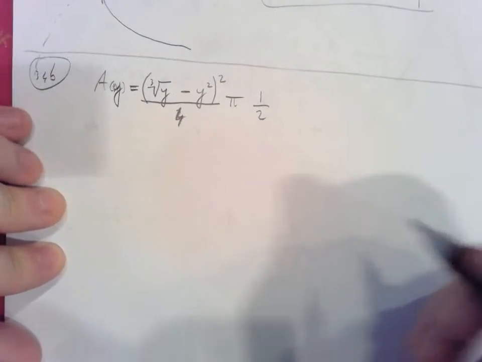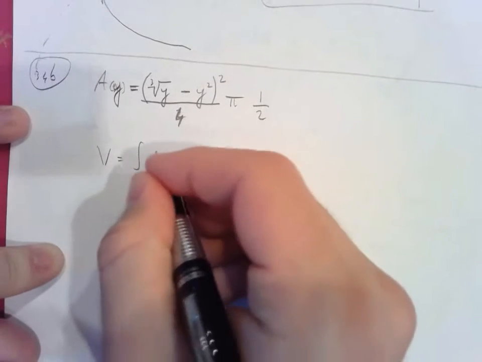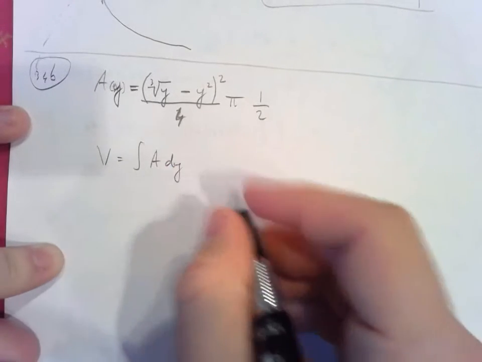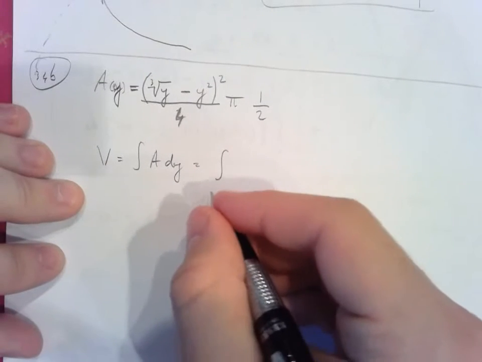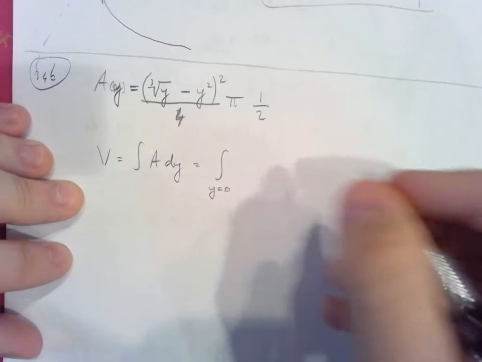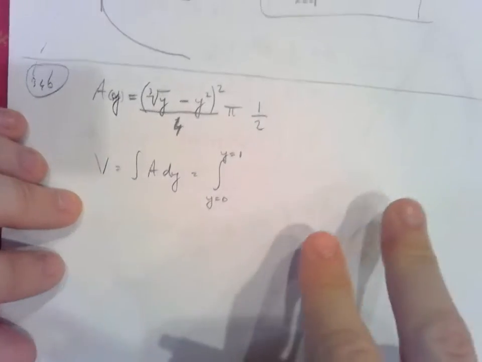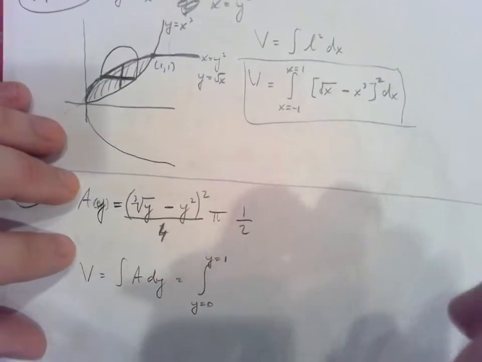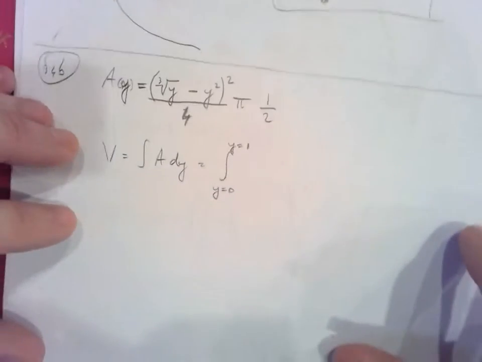So now the volume of this is, of course, the integral of a dy. So let's see, the integral is going to go, well, I know the bounds, it goes from y equals 0 to y equals 1. Oh, and I just realized I made a mistake earlier. Here we should start at x equals 0, so I apologize for that.